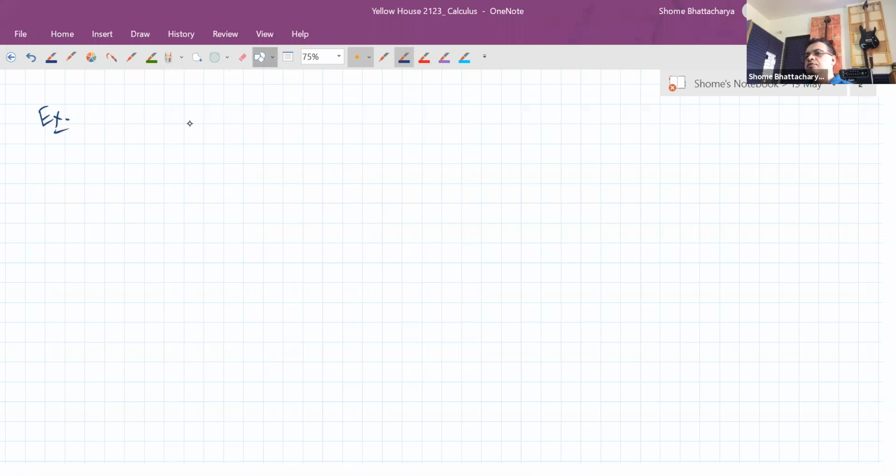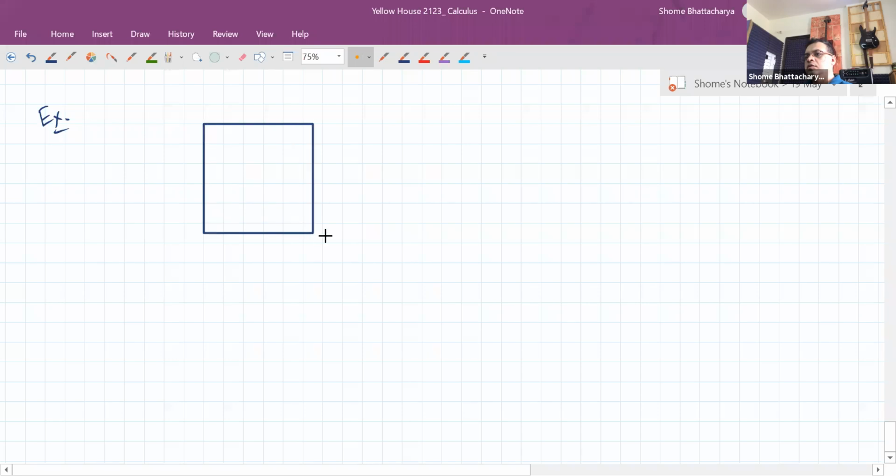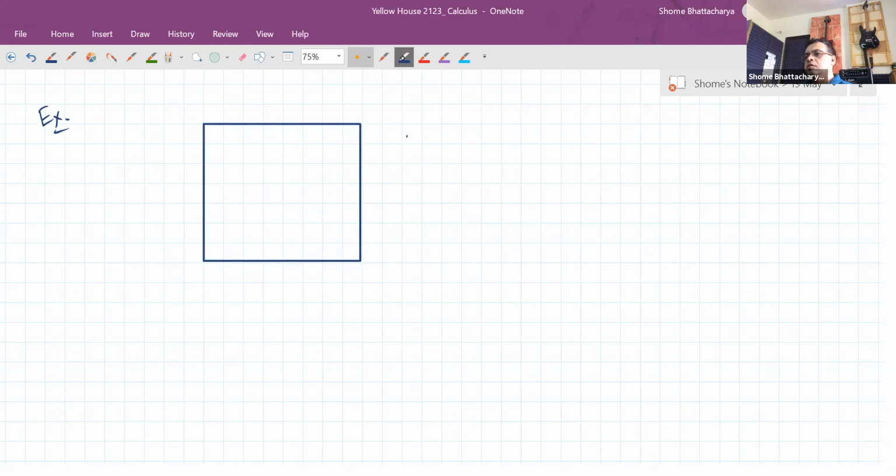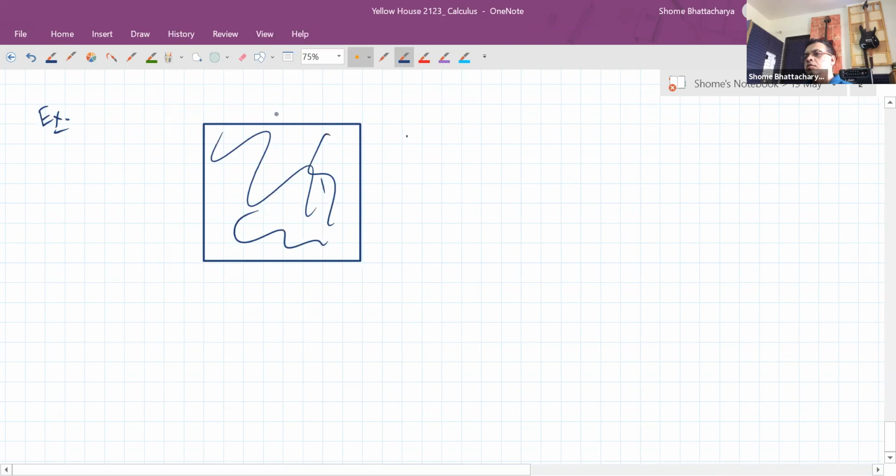So suppose we have a metallic plate like this, which is a square of dimension L by L. Now it is being heated such that its side length is increasing at a uniform rate.